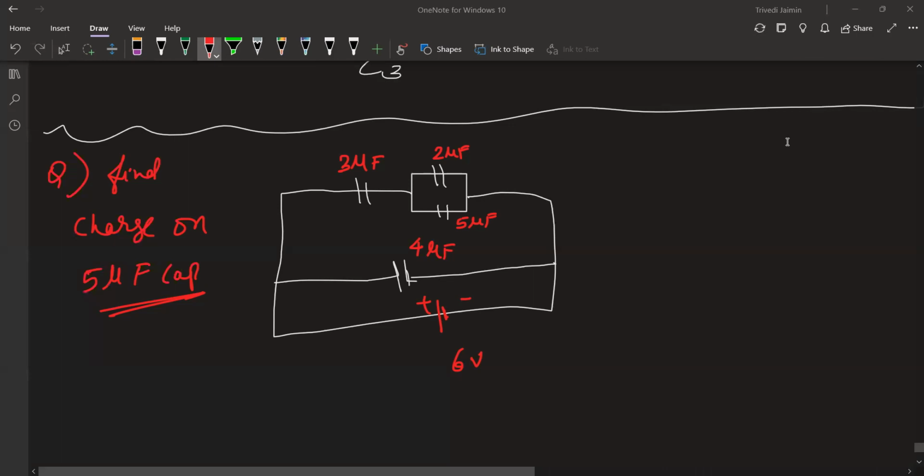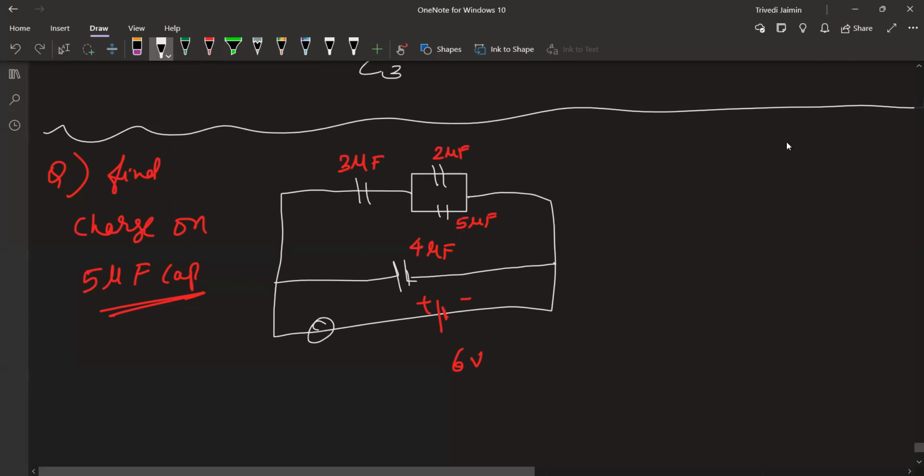C equal to Q by V. Okay, but we need across 5. Q equal to CV. Your formula is correct. I'm asking across 5. How will we reach across 5? Because if we find directly Q equals CV, then we'll find the total charge.